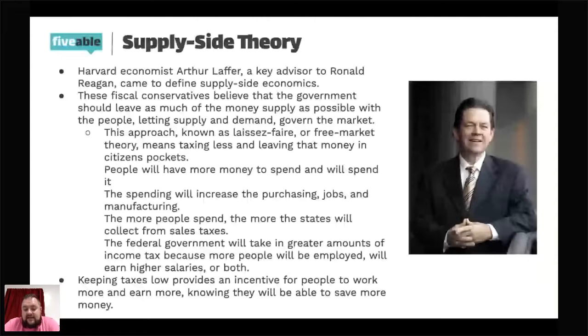So the idea is that keeping taxes low provides an incentive for people to work more and earn more, knowing they'll be able to save more money. Now, I'm not really talking about tax policy in this lesson, but maybe you have already looked at tax policy in your AP Gov course.